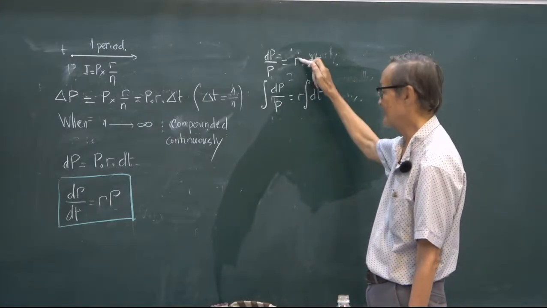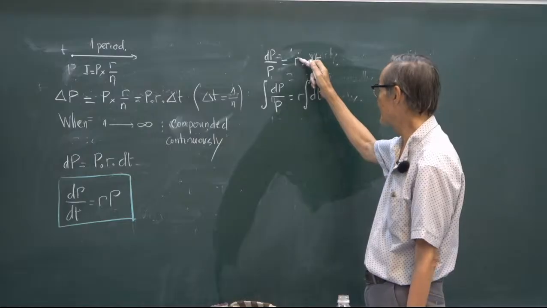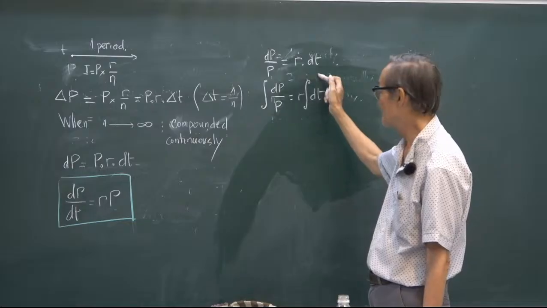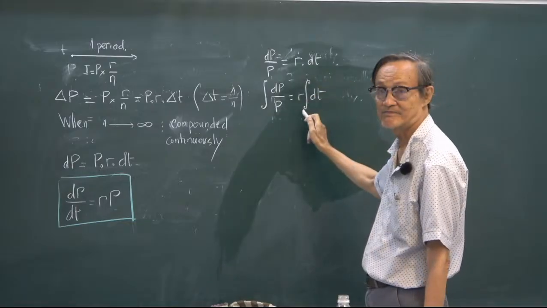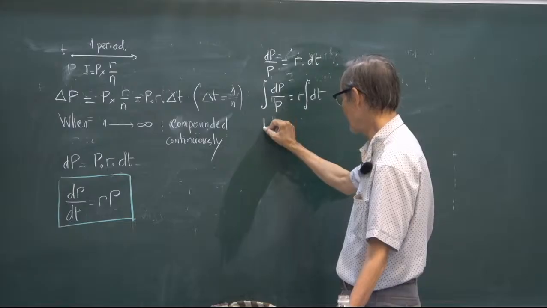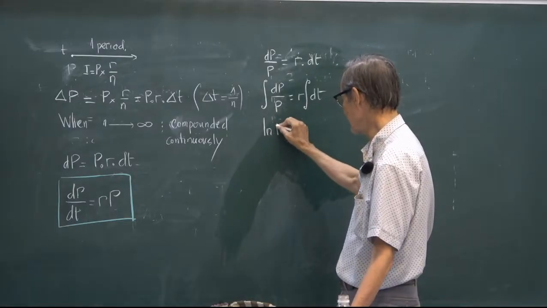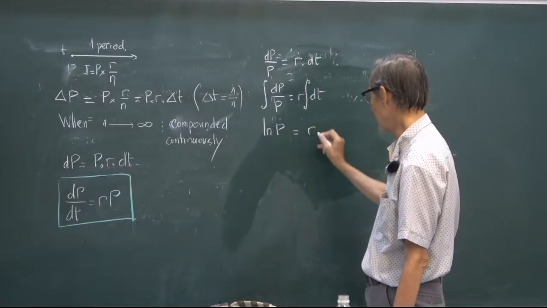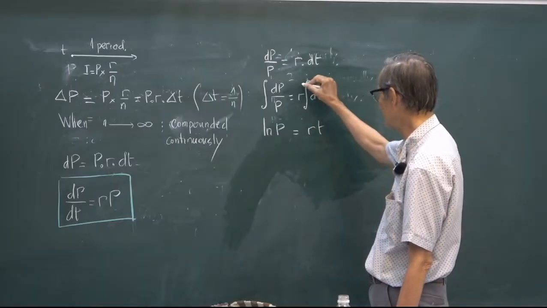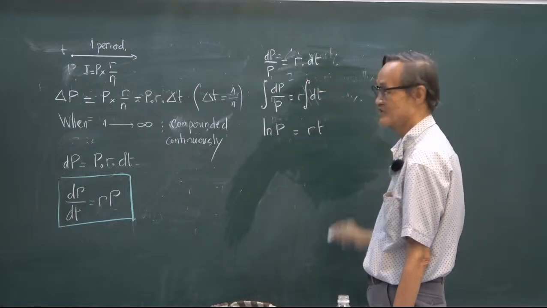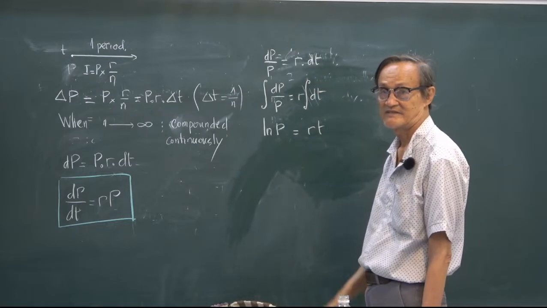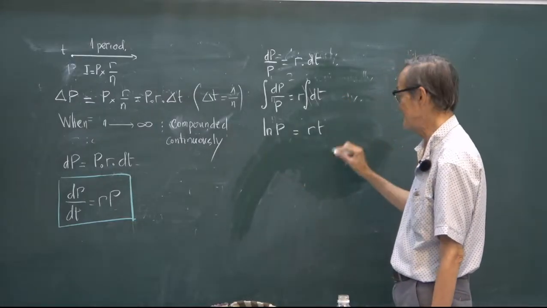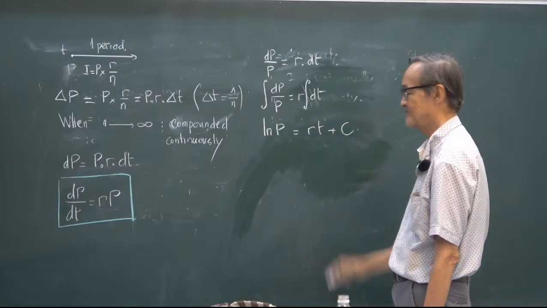R is a positive constant, move it outside of the integral. We have natural log of P equals R t plus C, since integral and differential are inverse of each other.